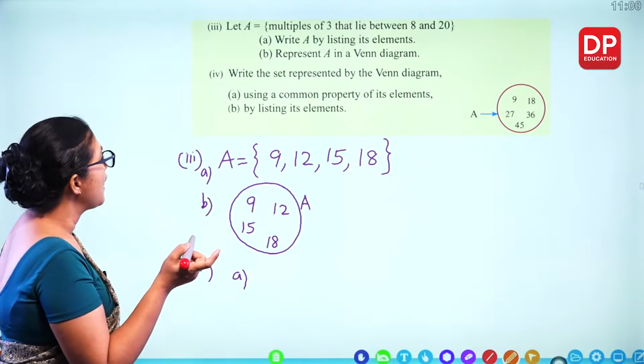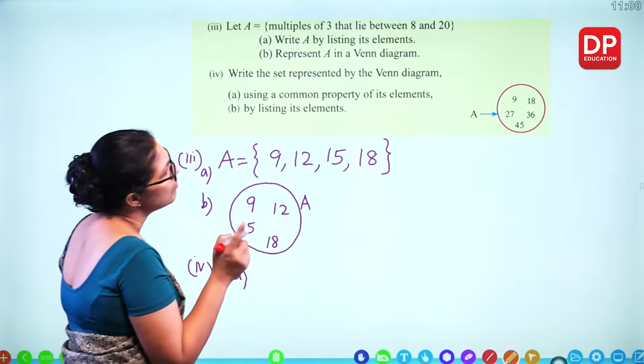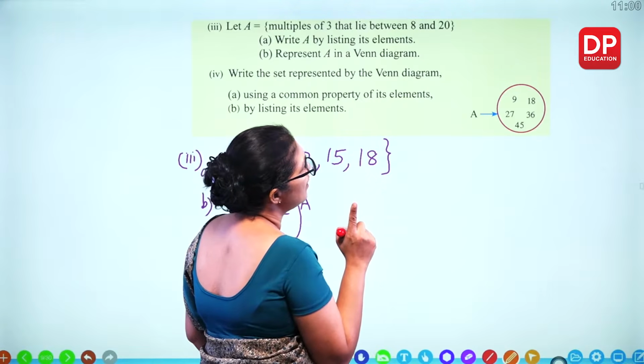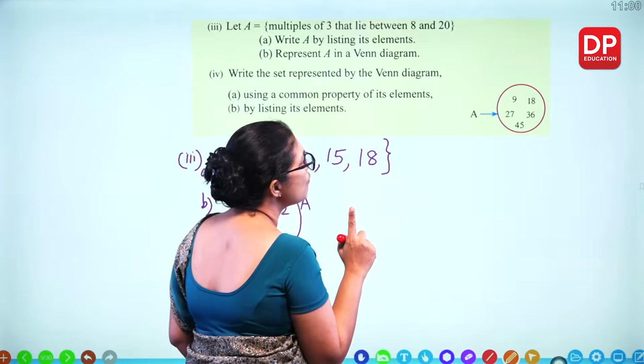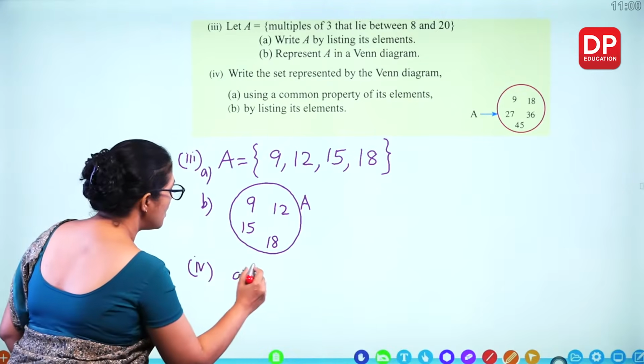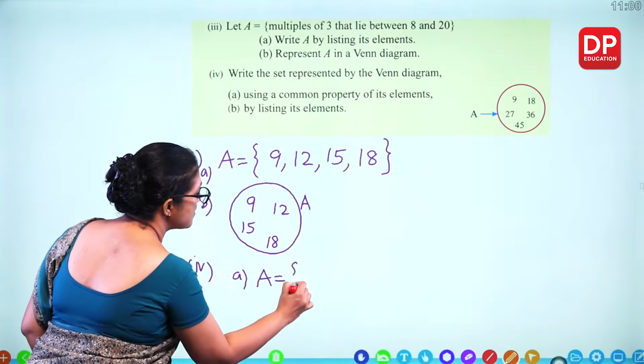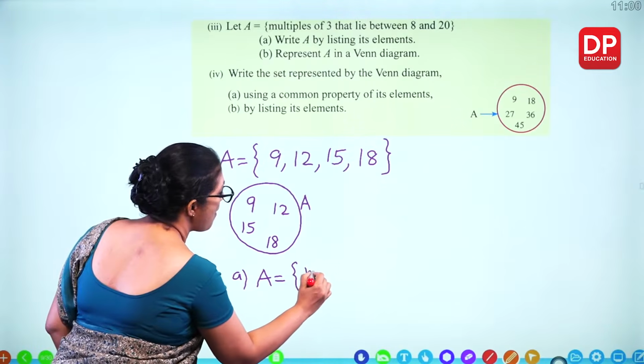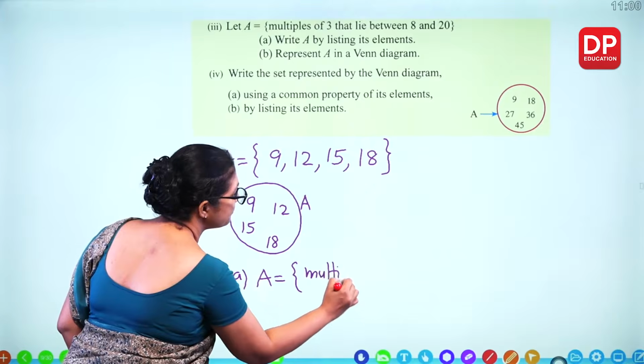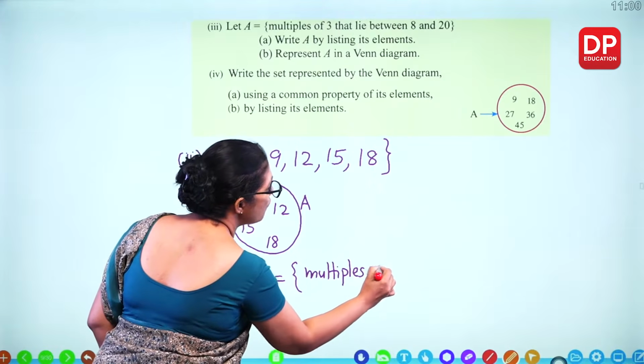Descriptive way. How we write down 9, 18, 27, 36, 45. Those are multiples of 9. So you can write A is a set of multiples of 9.